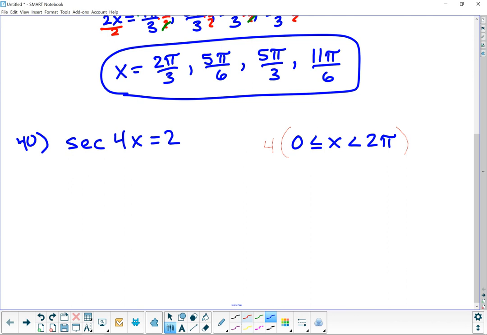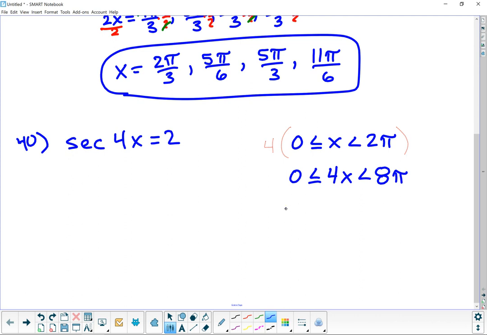And our period, or not period, our domain, we'll be looking at from 0 to 8 pi.